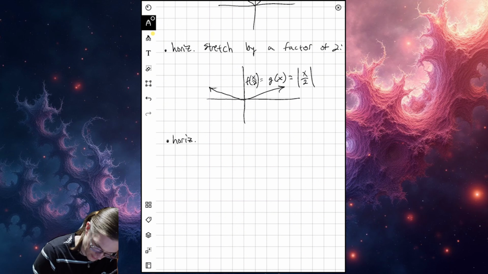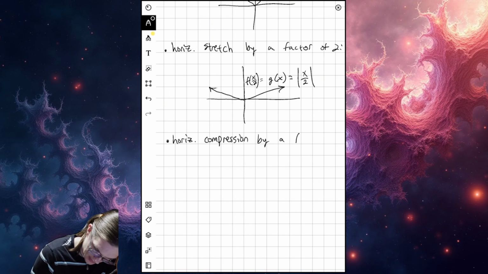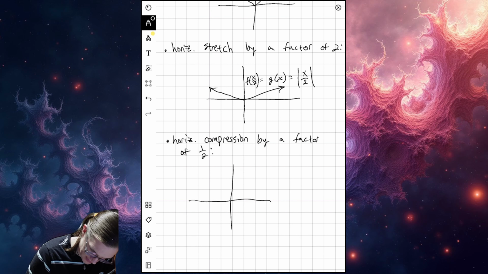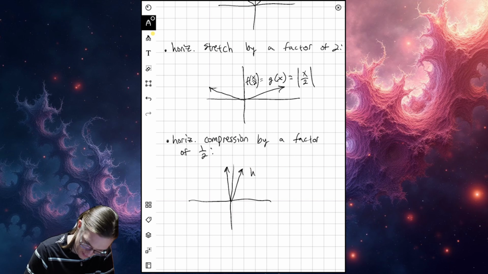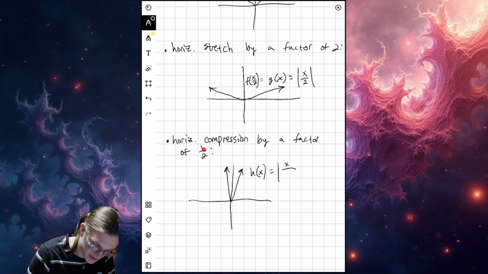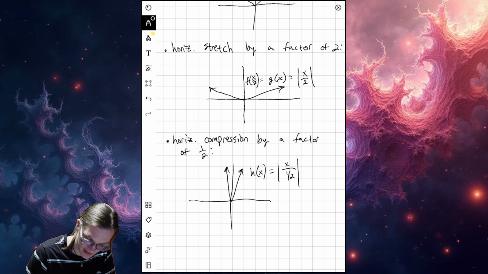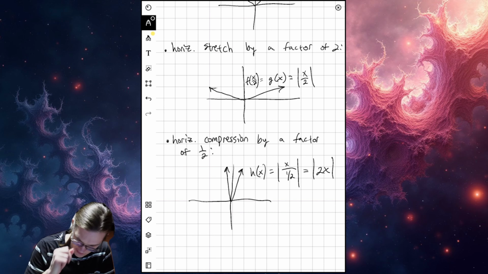And then for horizontal compression by a factor of 1/2, we will get, and it's starting to get weird, but it's going to again look like a previous graph we drew. But this is h of x equals absolute value of x over b. So our b is 1/2. Okay, and I know that looks weird, but this is equivalent to absolute value of 2x.